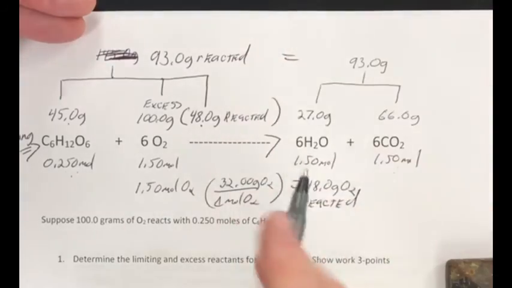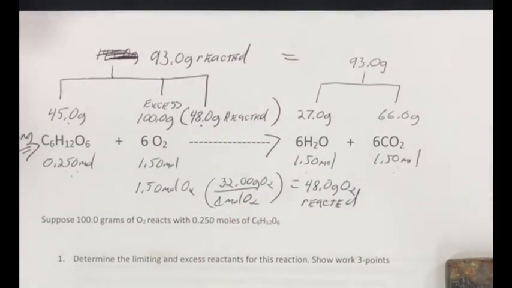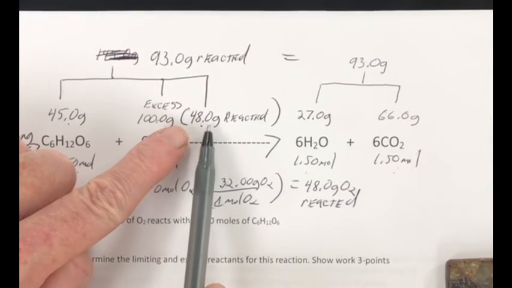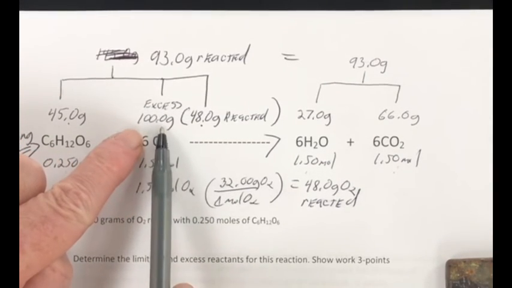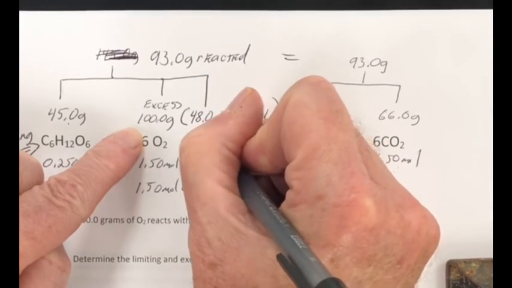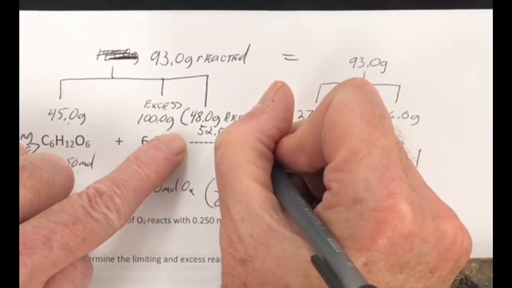And that equals the mass of the product, the law of conservation of matter. How many of these out of the 100, it's obvious now, 52.0 grams are left over.